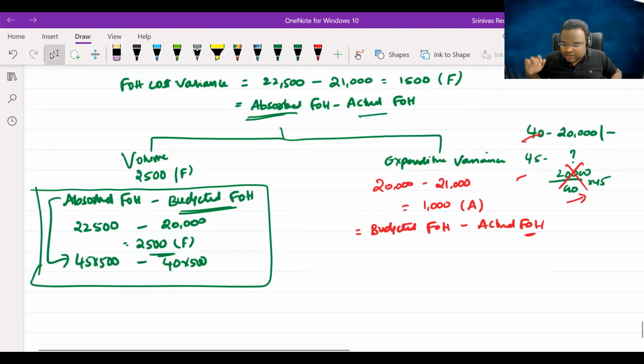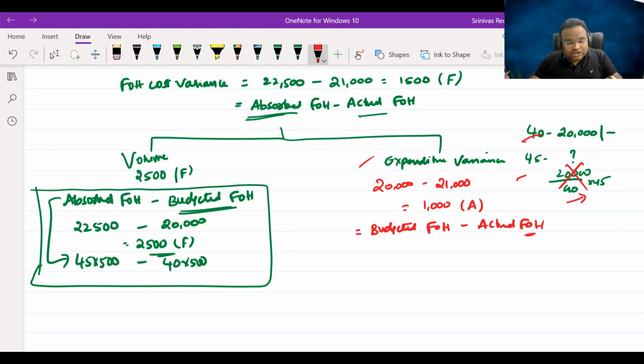That means you can work out the expenditure variance directly. Sir, in an 8 marks question, if they ask you, one would be the expenditure variance. Even if you do not do anything else, just see in the question what the budget fixed overhead is and what the actual fixed overheads are. Fixed overhead expenditure variance is equal to budget fixed overheads minus actual fixed overheads. 2 marks will come directly without doing any other point also.